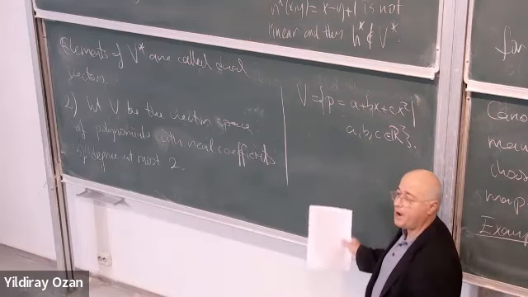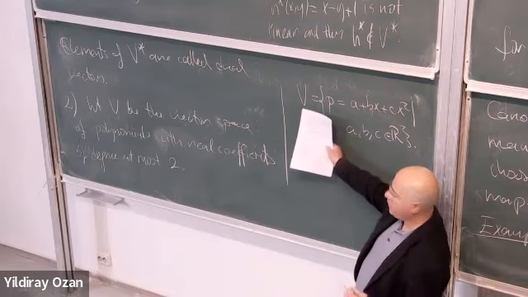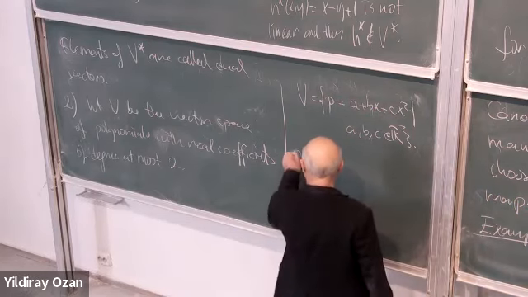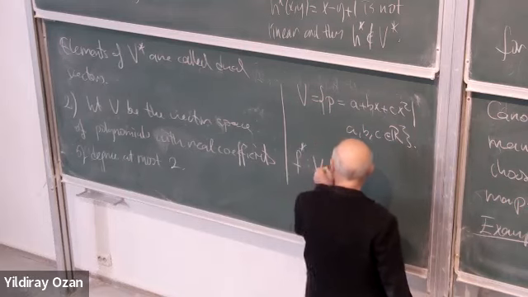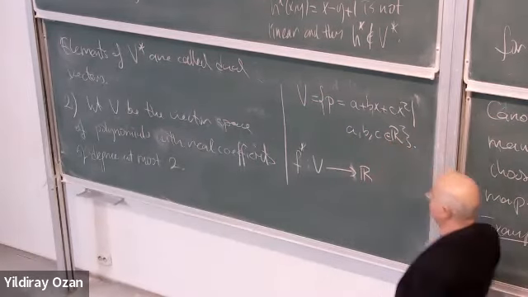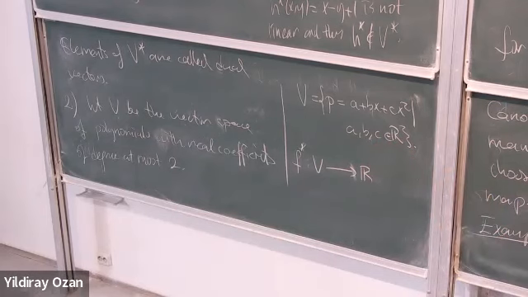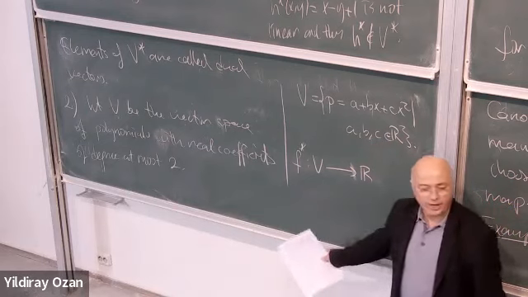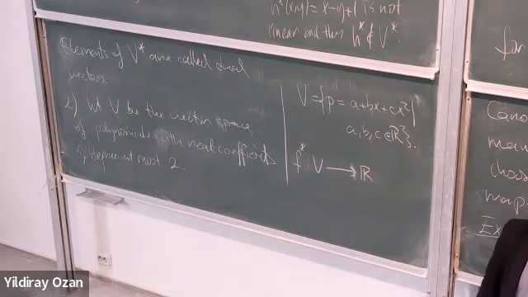I would like to define a map from V to R. For example, it's called f star, from V to R. Now you can, of course, define many maps. Can you give me an example of a linear map?